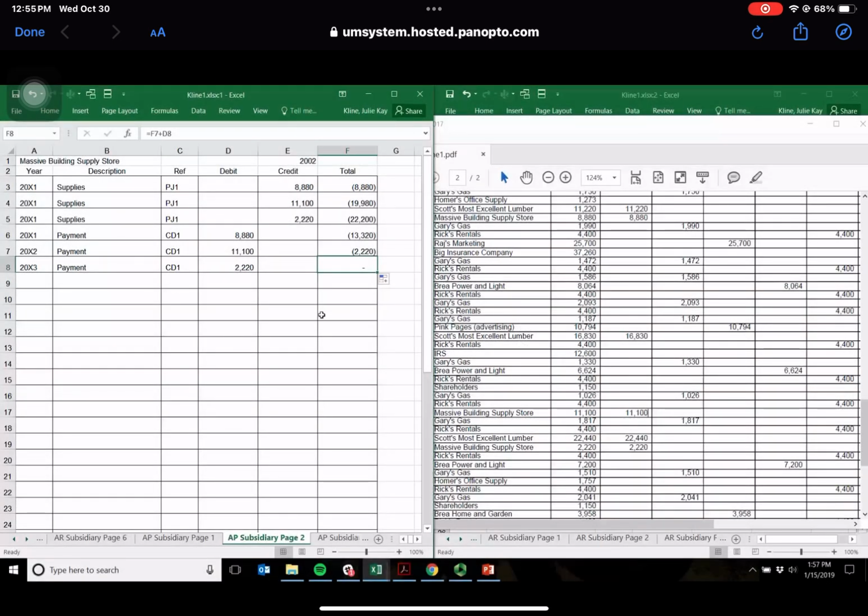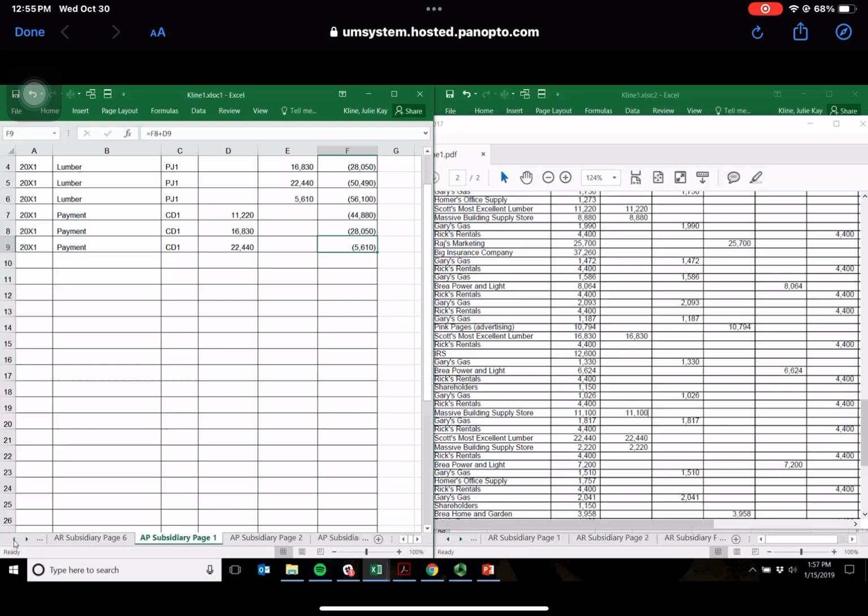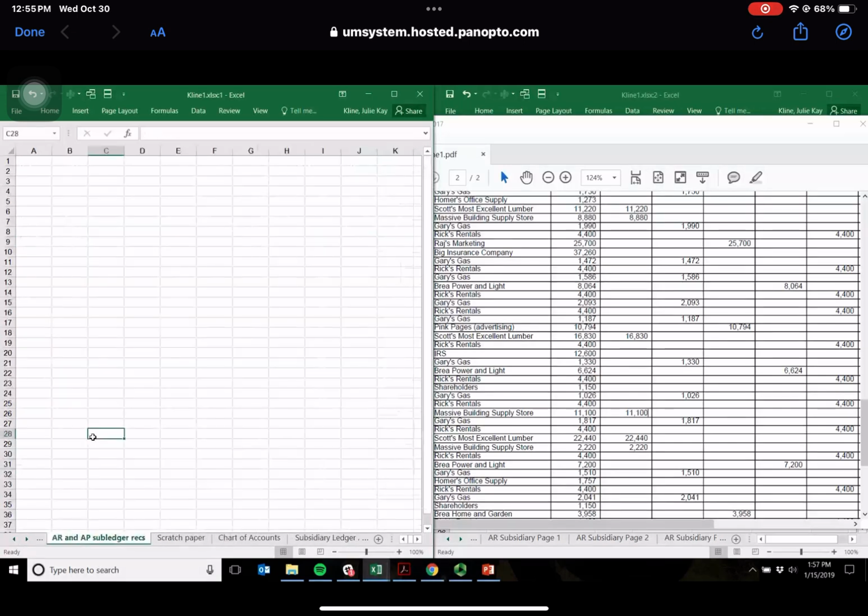And this is an easy way to see it because we also need to do it for AR. We're going to list out, and that's actually one of your tabs if you remember that you created here, AP and AR subledger reconciliations. And so one of the things I can go ahead and start doing while I'm here, AR subledger reconciliation.